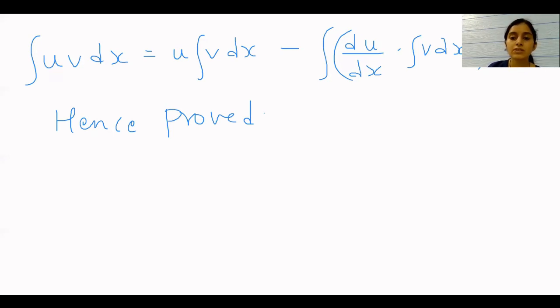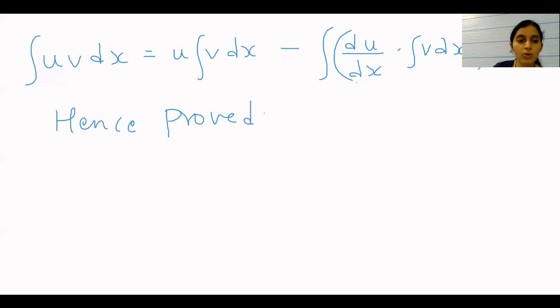Basically, in the second part there is a differential, that is f dash of u, into integral v dx dx. We are going to use this theorem to solve the next sums. Please do the proof as well, it can be asked in the exam.